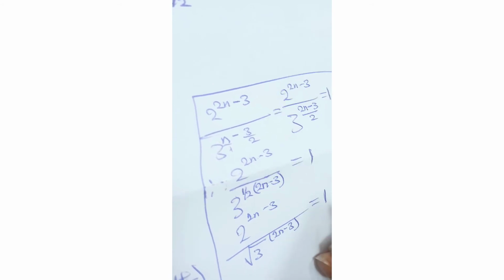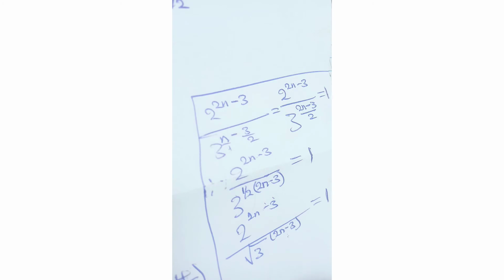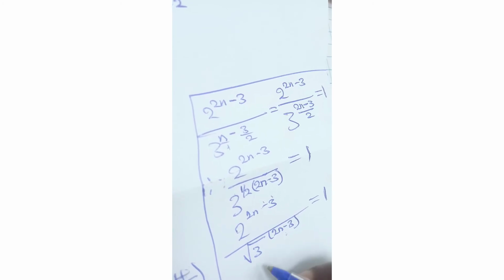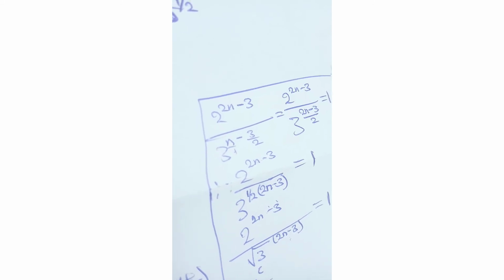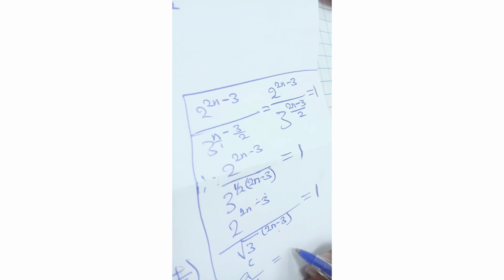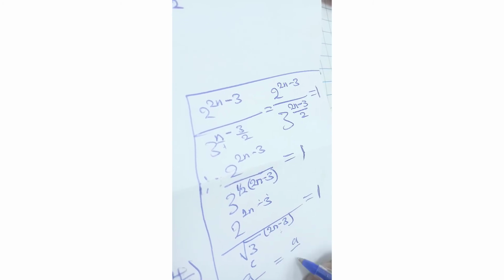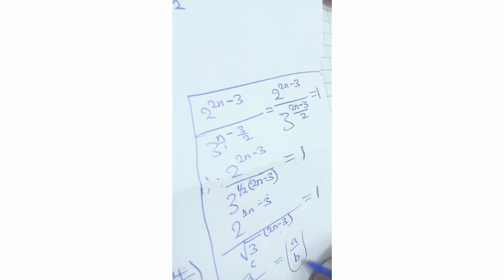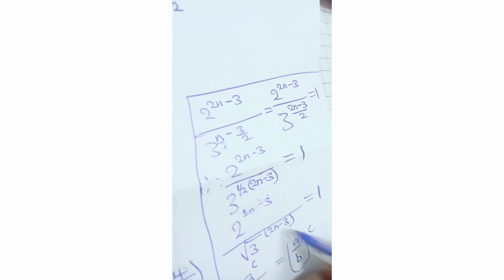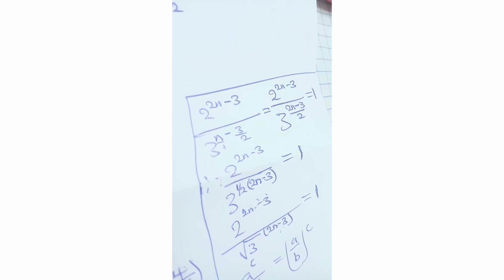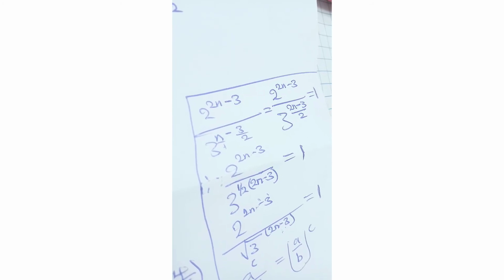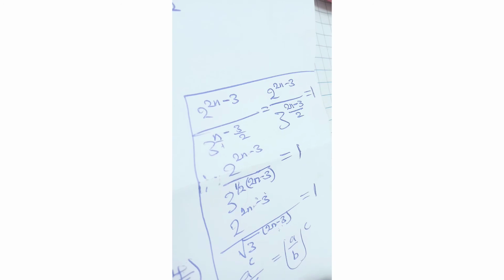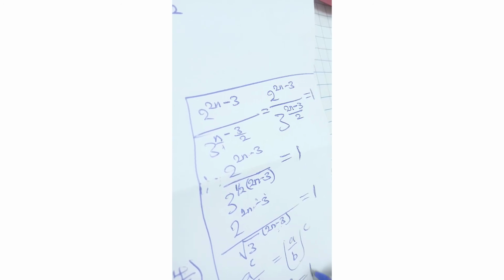Which is equal to what? 1. If we look at this, this is of the same power, and that's in indices. If you have a raised to power c over b raised to power c, the law says it is the same thing as a over b all raised to c. So since this and this are the same, you can say 2 over root 3 all raised to power 2n minus 3 is equal to 1.